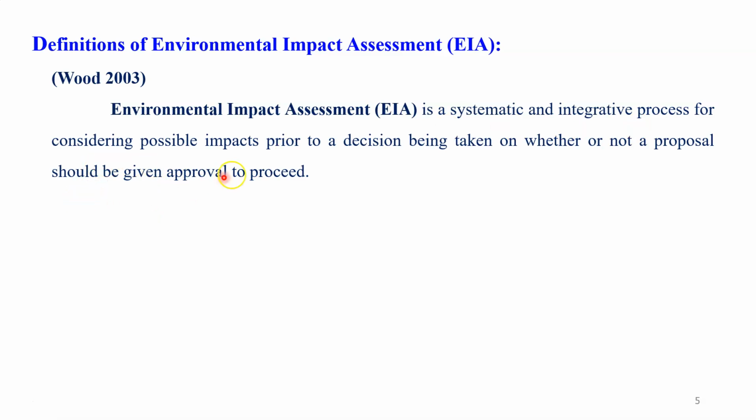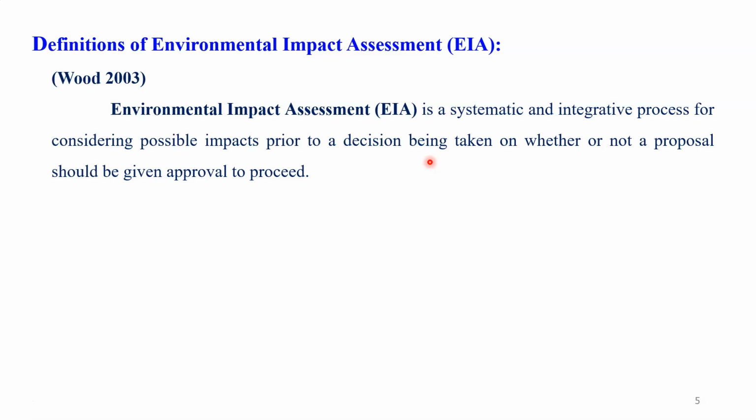Then, considering the possible impact prior to a decision being taken means that we have to decide whether the project should be continued or not. On the basis of this assessment and evaluation, we are able to take the decision. The decision totally depends on your assessment and evaluation process.